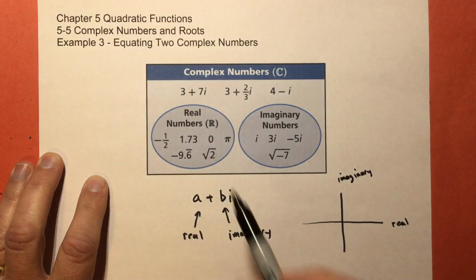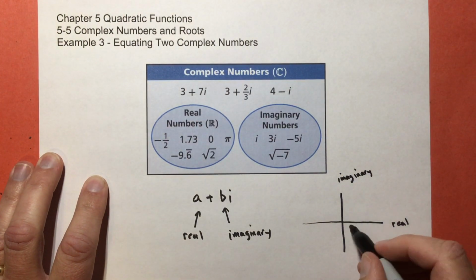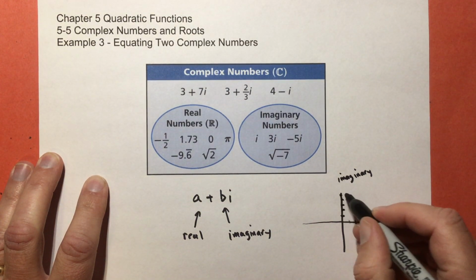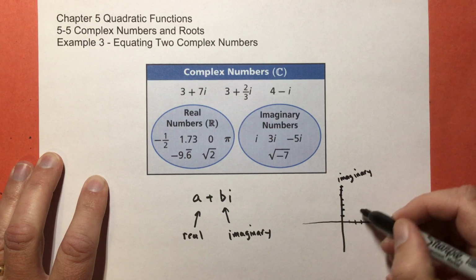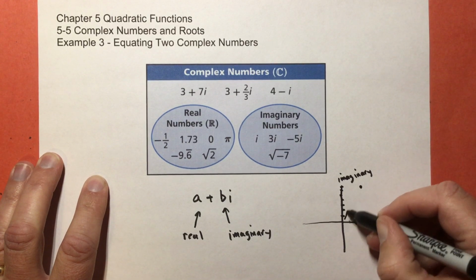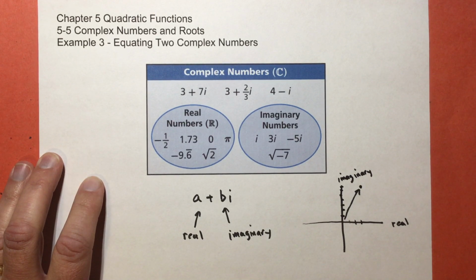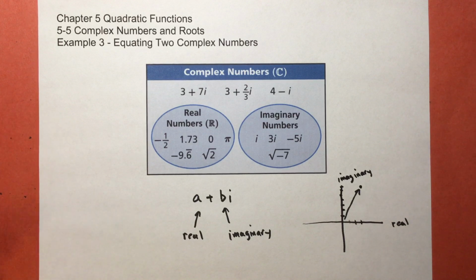All right? So if I said 3 plus 7i, I go 1, 2, 3, 1, 2, 3, 4, 5, 6, 7. That's actually right there. And I drew it as a vector. We have not talked about vectors yet. If you watch the video, they'll explain a little bit more, but that's more advanced math than we've covered yet.